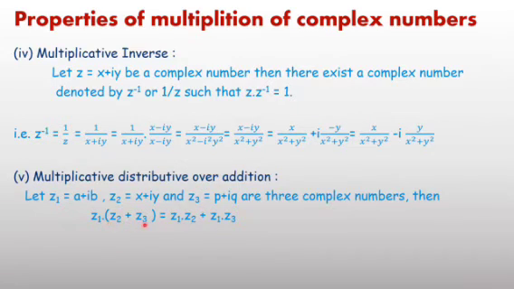Z1 into Z2 plus Z3 equal to Z1 Z2 plus Z1 Z3. Or if you write Z1 on the right side, it means Z2 plus Z3 into Z1. Again the same process, open the bracket: Z2 into Z1 plus Z3 into Z1. That is the distributive law.